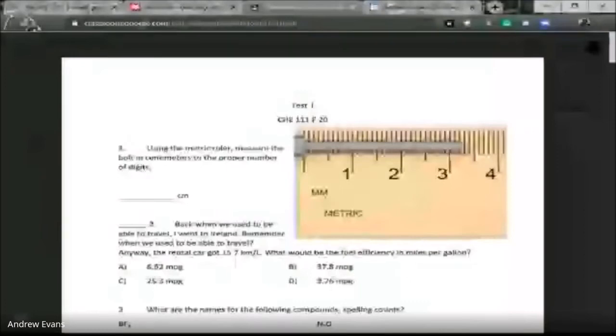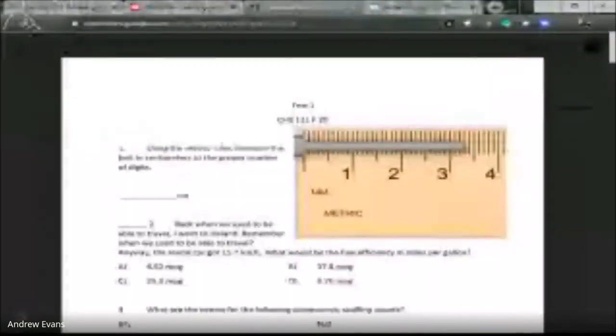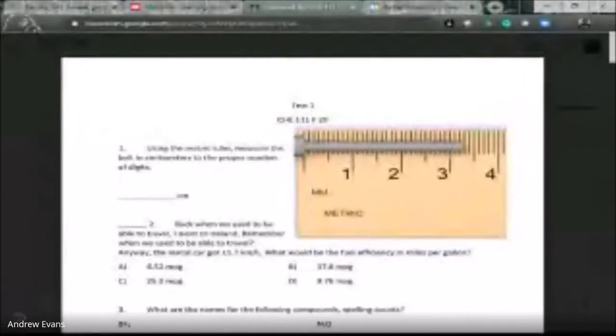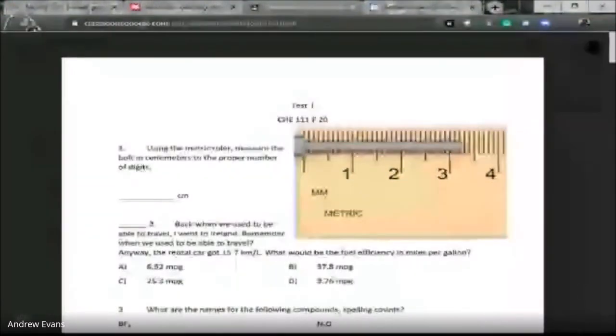Is it closer to the 2 or is it closer to the 3? I'm going to leave it up to you, but you should have reported something 3.2 something. The idea is you always measure to the estimation point, which is the point between the markings. Whenever you're measuring something that has markings like that, and it's not a digital scale, that's how we're supposed to measure these things.